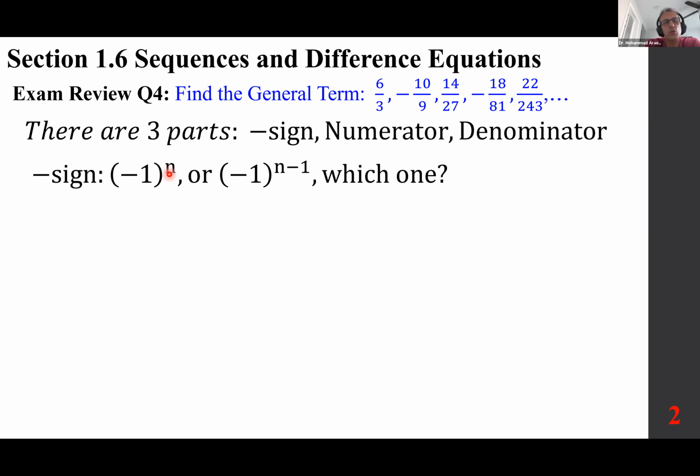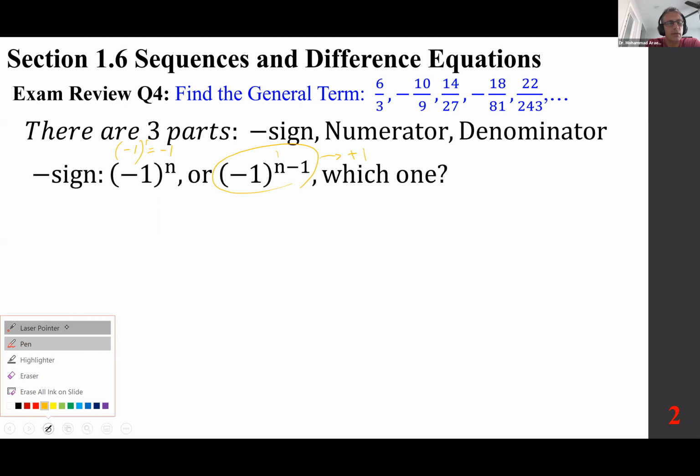If you change this to 1, it gives you negative 1. And if you change this one to 1, this gives you positive 1. What is the sign of the first one? Positive 1. So therefore, that's the one.